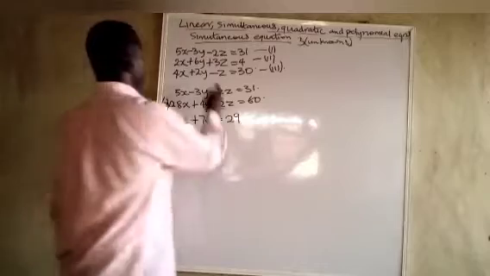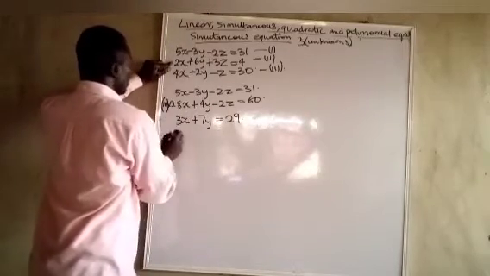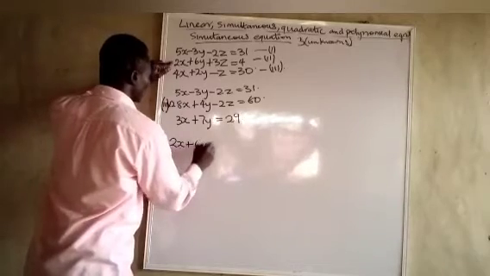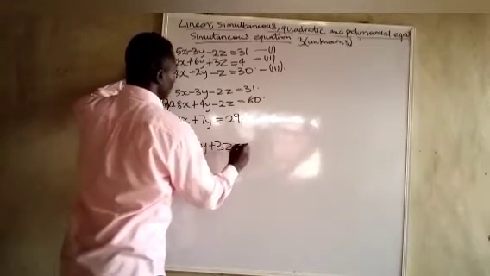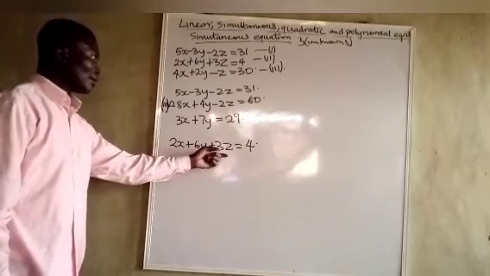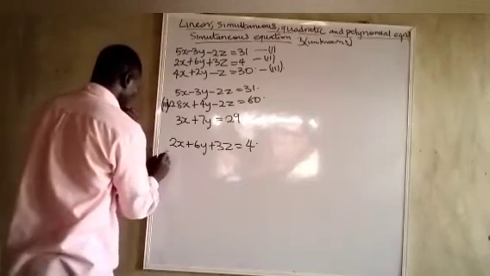Now, for the other one, I can take 2x plus 6y plus 3z is equal to 4. Now, because I want to knock out the z here, I multiply the third equation by 3.